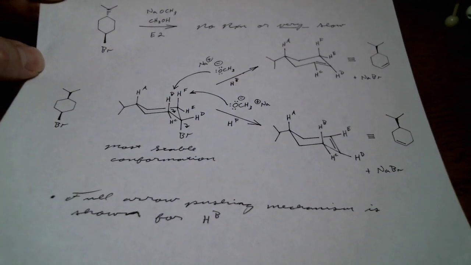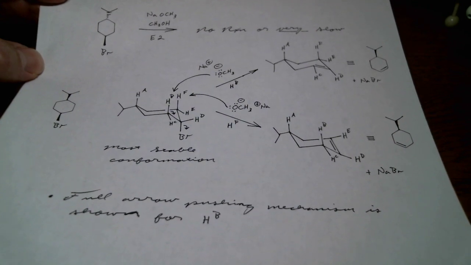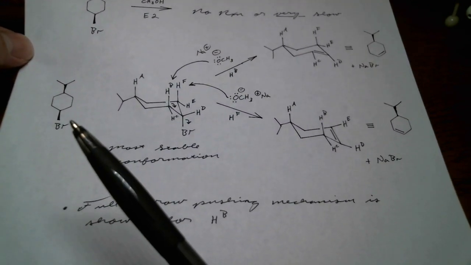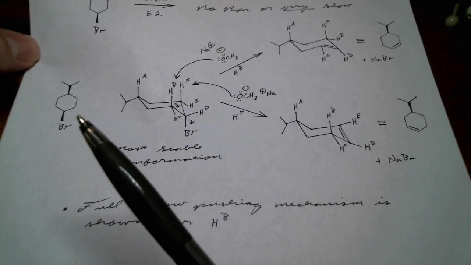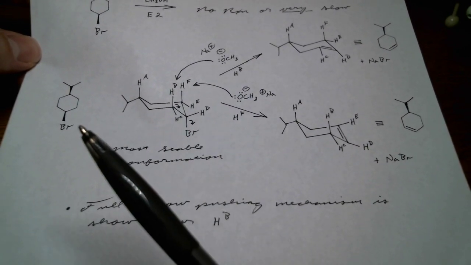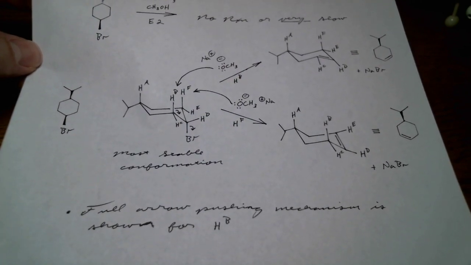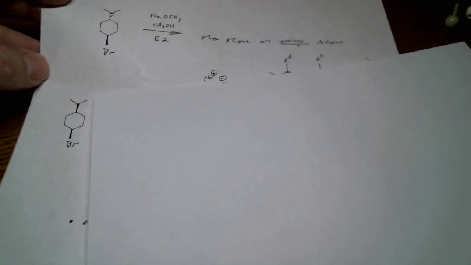I think this also gets to the point of being able to remember how to convert certain substitution patterns in bond line to chair conformation. Obviously the bromine and the isopropyl group are on the same side of the ring formed by the cyclohexane.